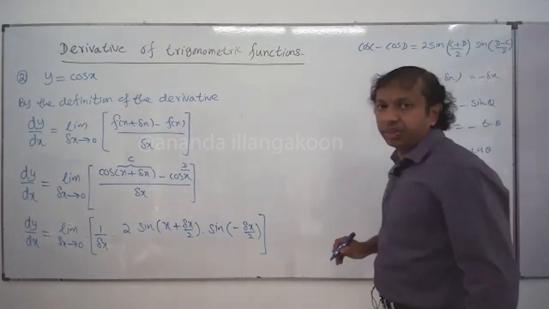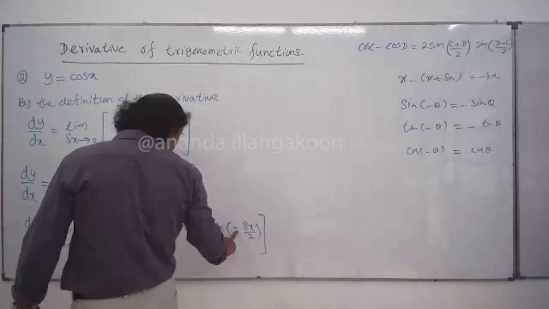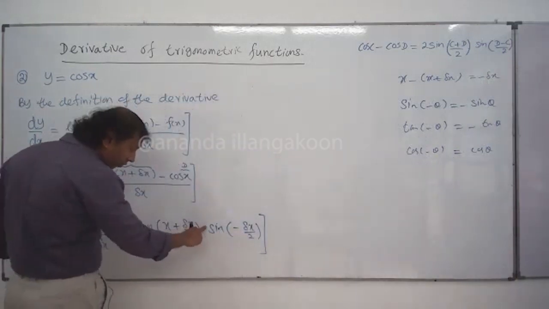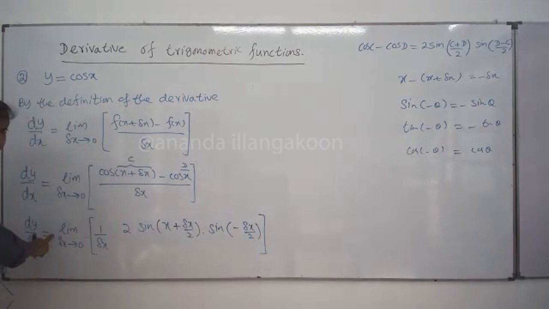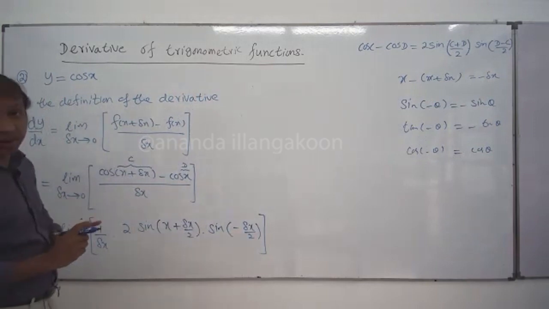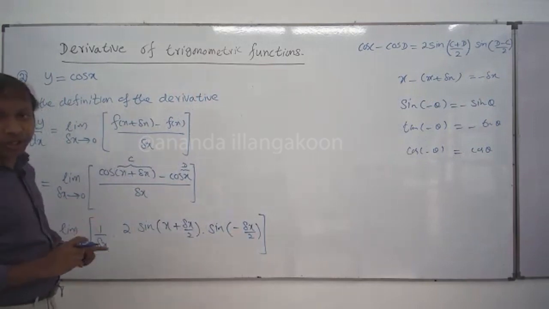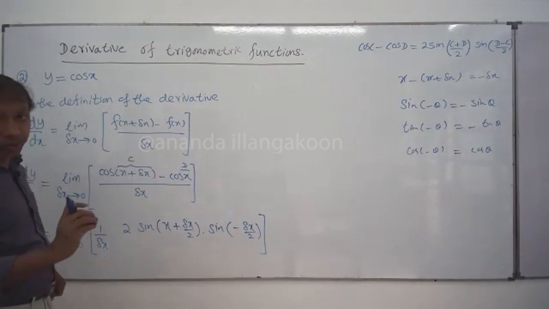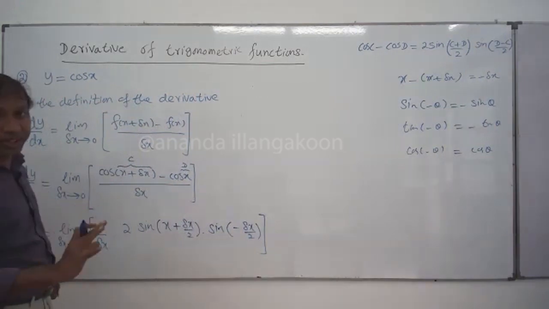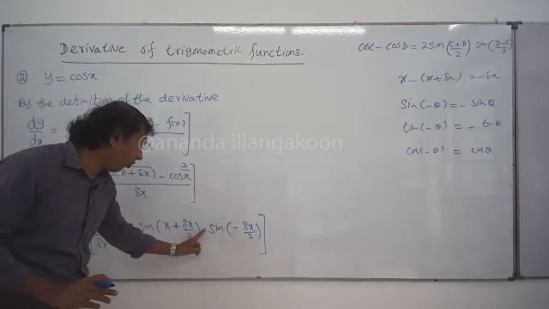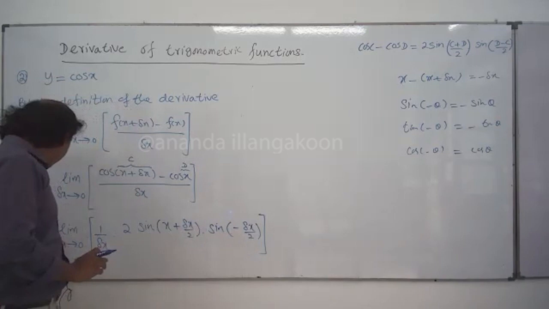Cos minus theta is written as cos theta, right? So this minus sign, therefore, people, I can bring to before. Why? Minus sign means minus 1. Minus 1 never changes due to delta x tending to 0. Minus 1 is always a fixed value. Nobody can change the size of the minus 1, right? So therefore, that minus sign you can take before this.